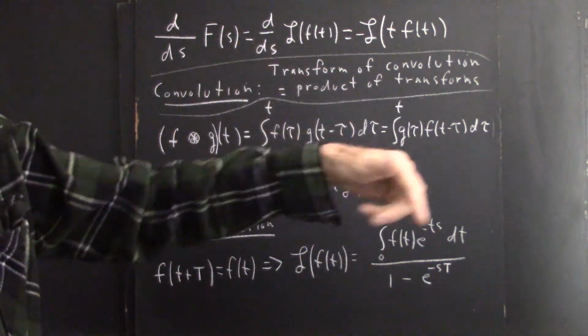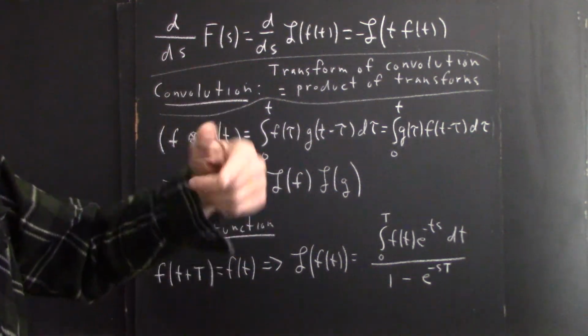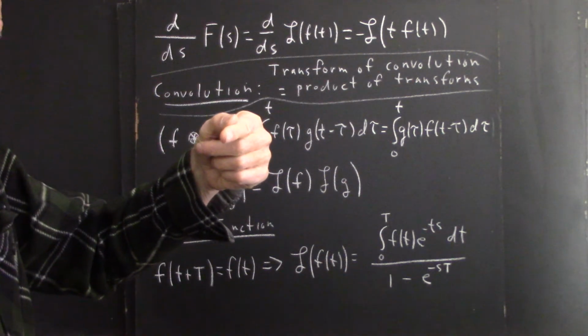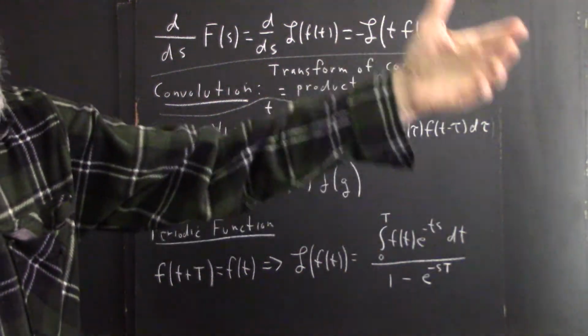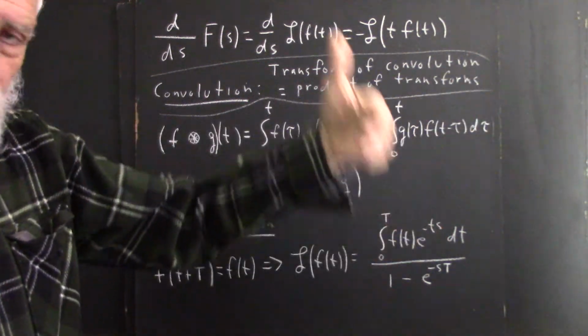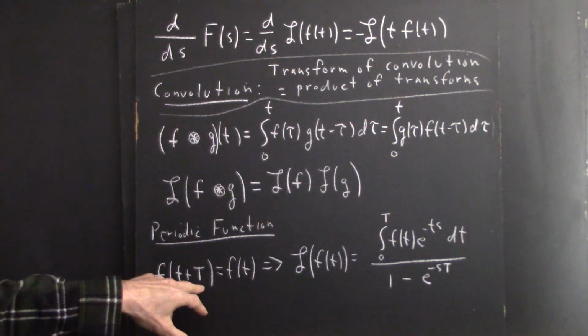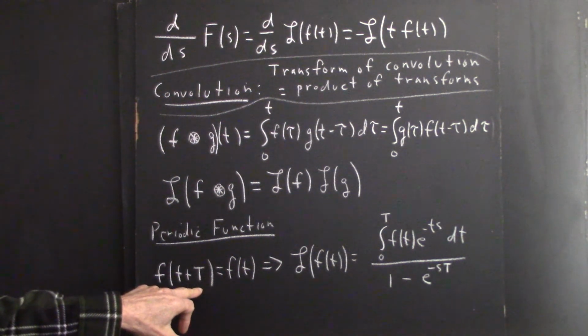That is, if you have a certain t and you get a y-coordinate from that value of t, if you move 2 pi units, you're going to be at the same place in the cycle of the sine function, and you're going to get the same y value. So f of t plus capital T equals f of t, where capital T is the period of the function.